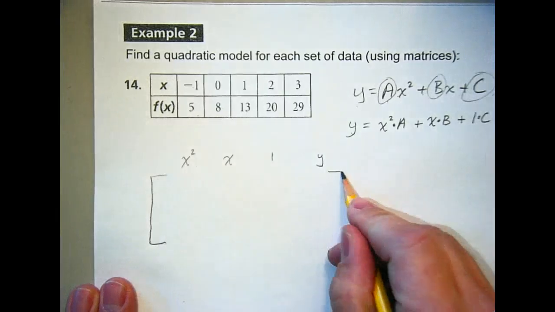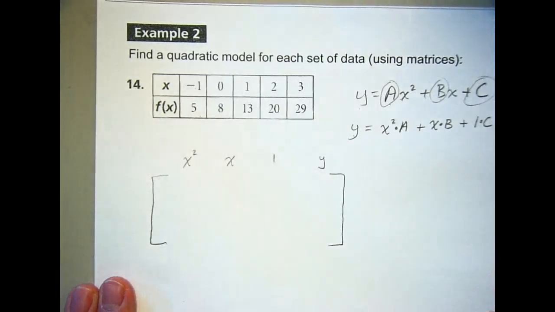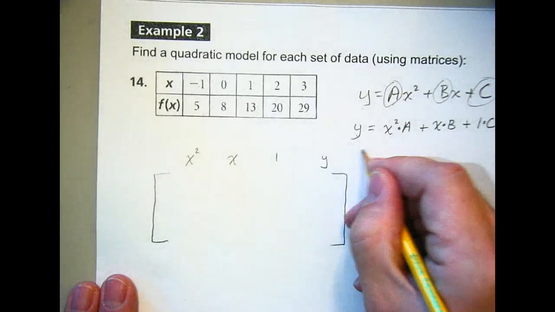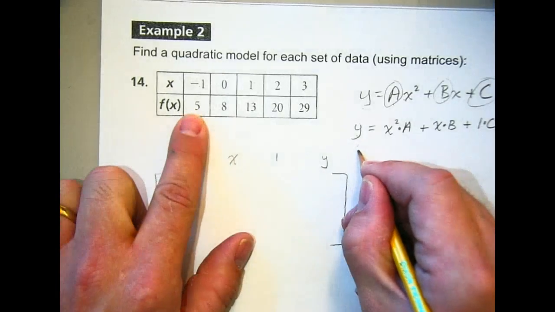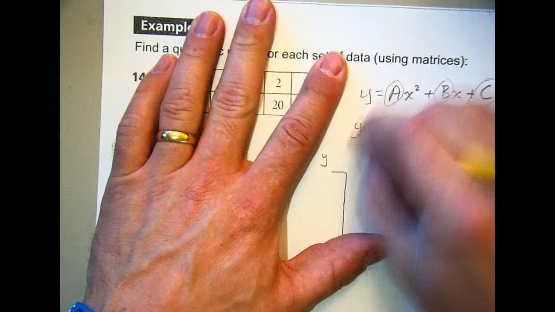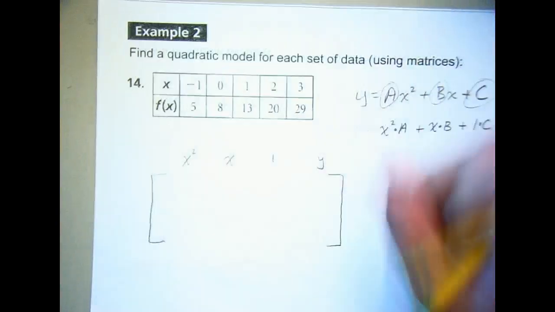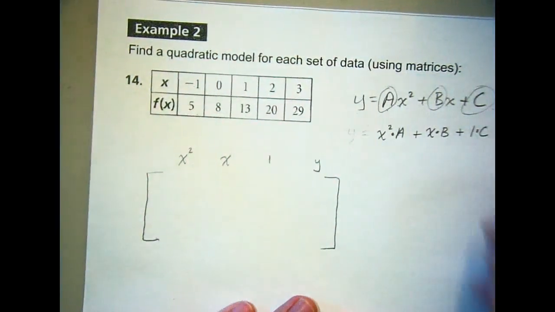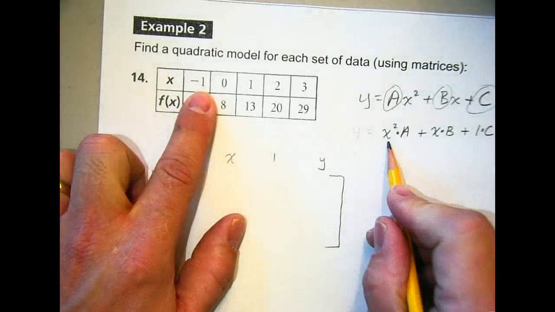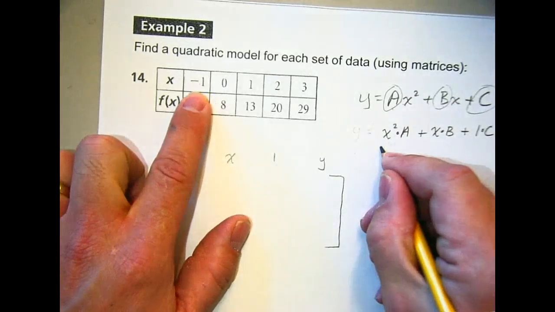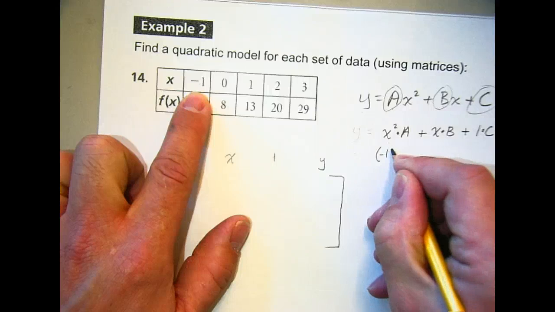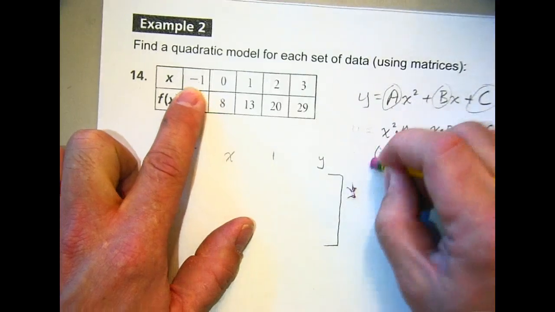I need 3 equations. So I can go, well, okay, when y is 5, I'm actually going to move my y over to this side so it matches my matrix better. So we'll go this way. When I have negative 1, well, negative 1 squared is what? That's 1.